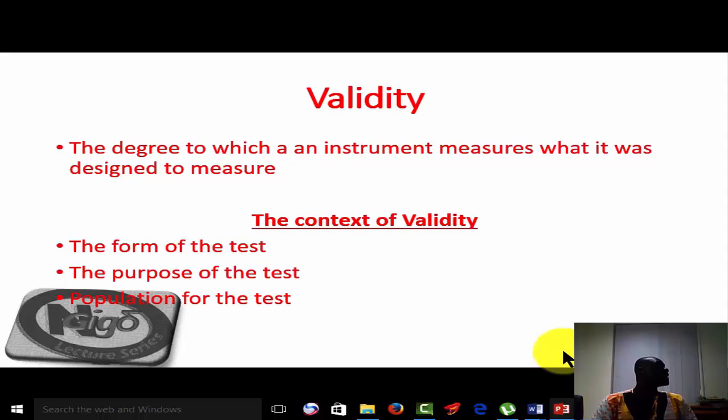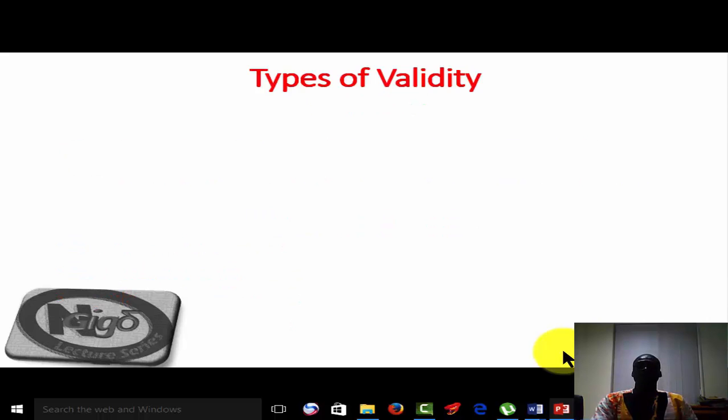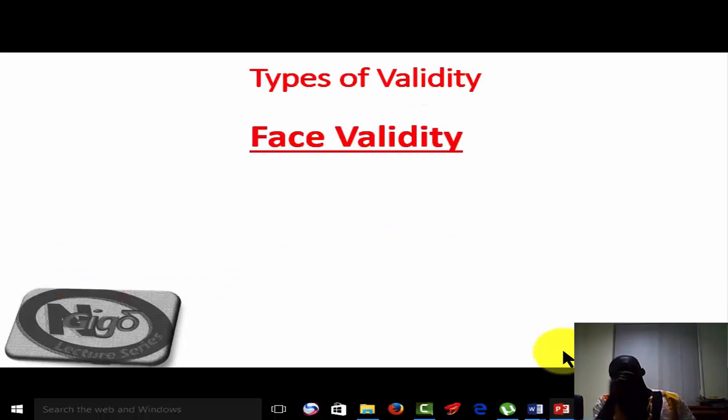Now we go on to the types of validity that we may find. And that is where it gets interesting. The first one that we have is face validity. When we say face validity, after the construct has been done, we are saying that on the surface value, does that construct seem like it can measure what it is purported to measure?